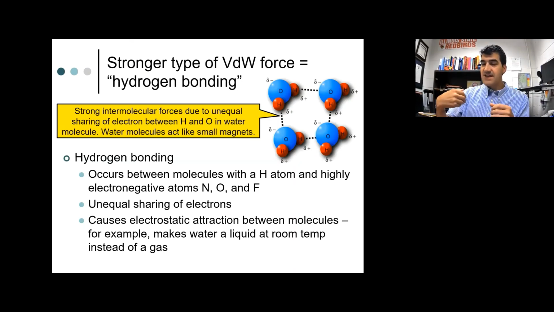The negative side of this molecule is attracted to the positive side of this molecule, and the positive side of this molecule is attracted to the negative side of the next molecule, and so on. Even though it's a liquid, you can stir it and swish it up, and they will move around. There is still an inclination for these molecules to line up and for the negative charges to be attracted to the positive charges of adjacent molecules.